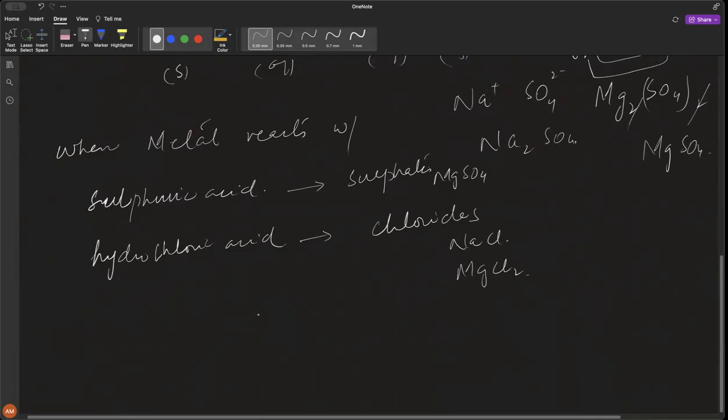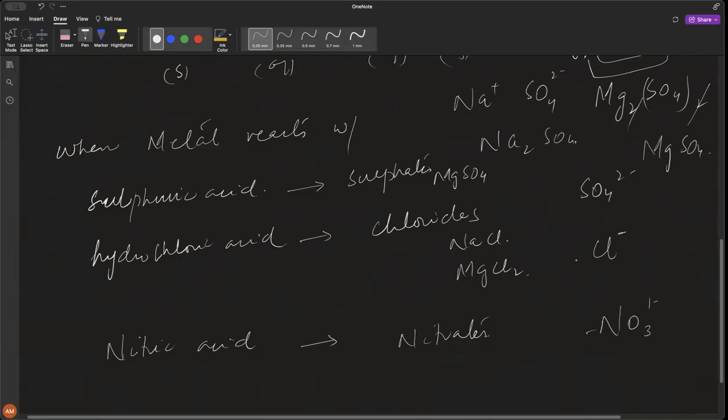So these are the two things you should know. When metals react with nitric acid, you're going to get nitrates. So the sulfate ion is something like this, the chloride ion looks something like this, and the nitrate looks something like this, NO3 with a charge of minus 1.